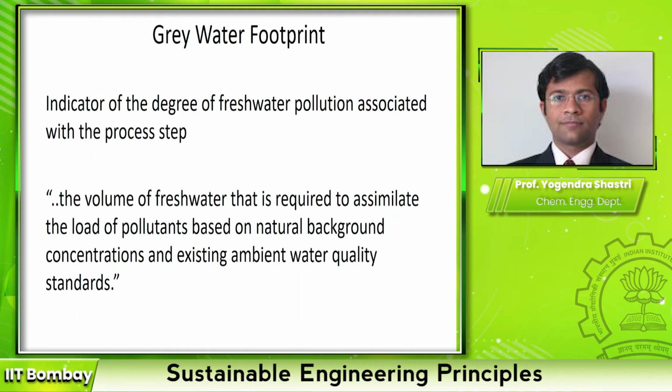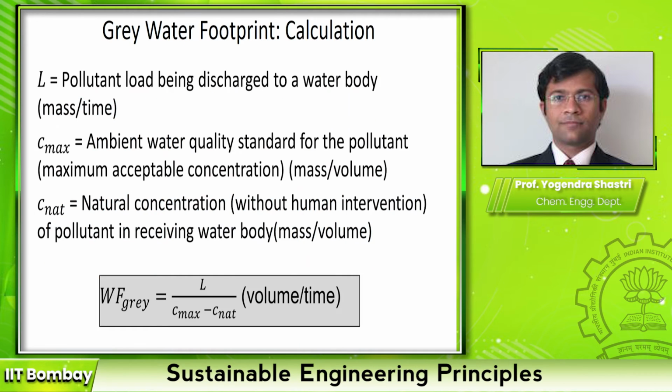Let us look at the definition in more detail by taking an example and in terms of the equation that is used to calculate the grey water footprint. So let us say L is the total pollutant load being discharged to the water body, and this is expressed in terms of mass per unit time. So this could be kg of pollutants per hour or kg of pollutants per day that is being discharged to the freshwater body.